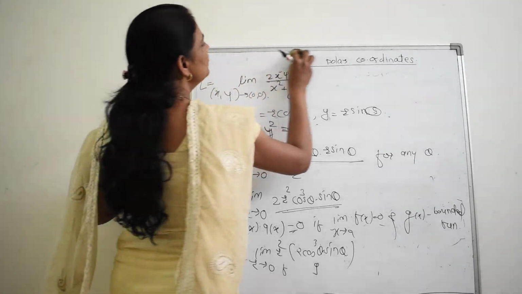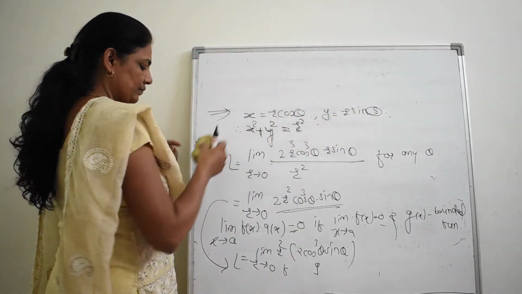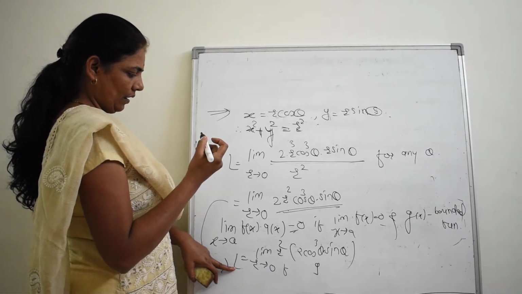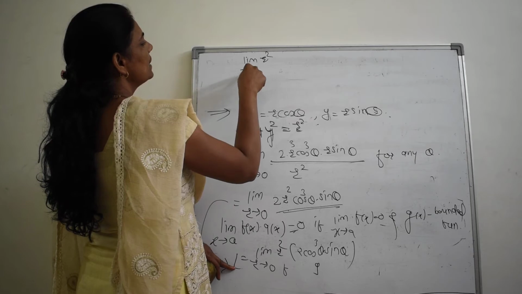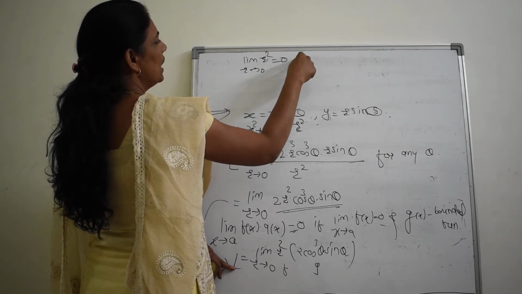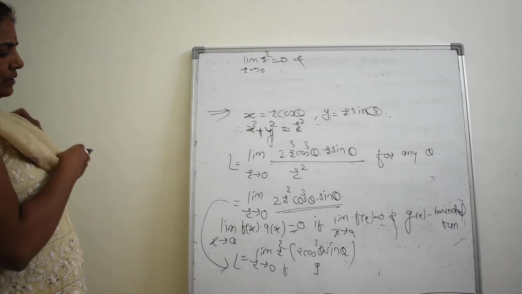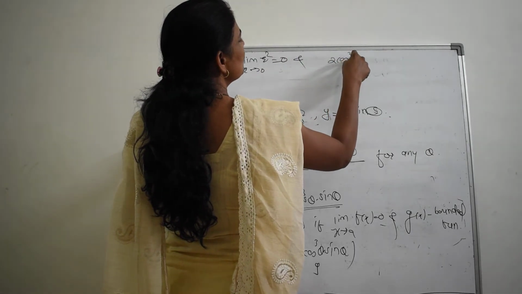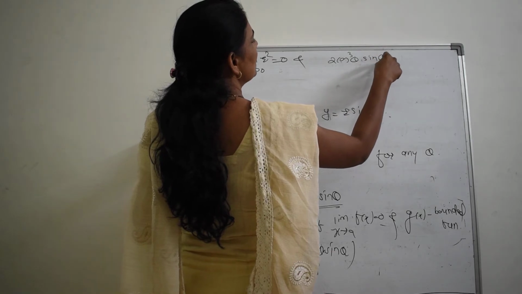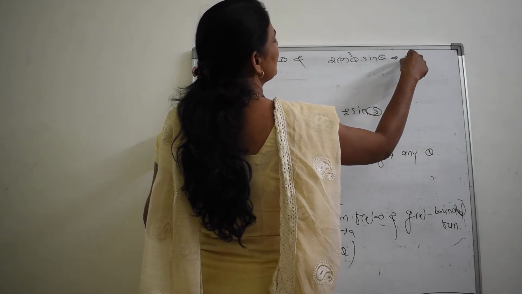Now the limit of r square as r tends to 0 is 0, and the other function, 2 cos cube theta sin theta, is a bounded function.